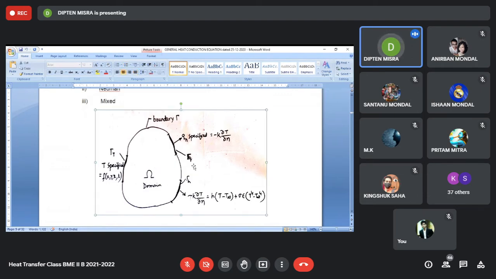Maybe from the surrounding heat is coming, or maybe from the body the heat is going to the surrounding. This body is bounded by some line that may be real or imaginary, and that line we call the boundary of the body, and inside this you have the domain.